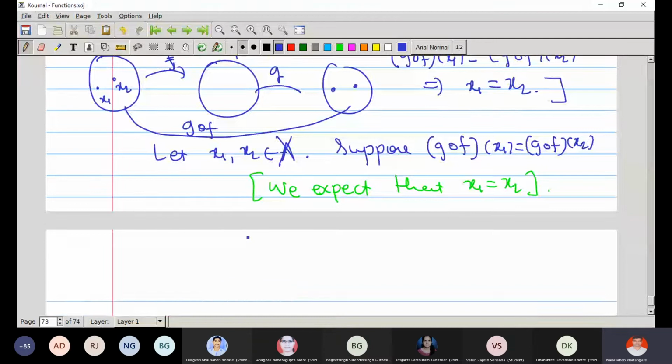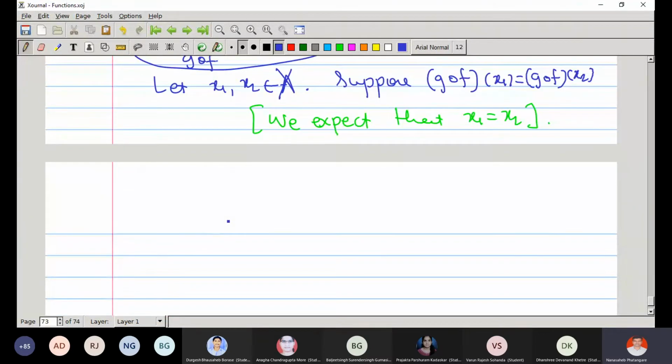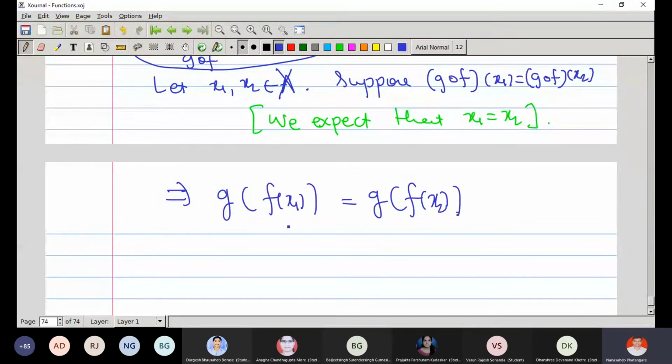Okay, so how to get this? So what are we assuming? G composite f of x1, by definition it is G of f of x1 is equal to g of f of x2. So let y1 is equal to f of x1 and y2 is equal to f of x2.